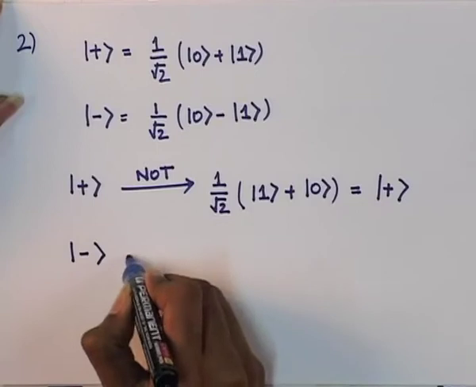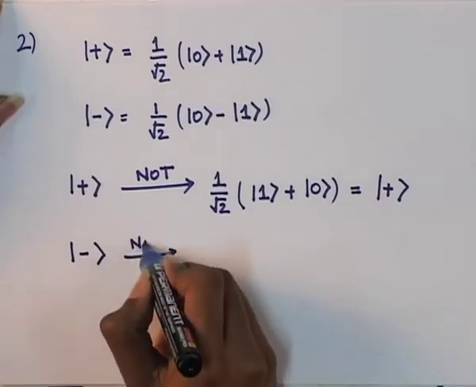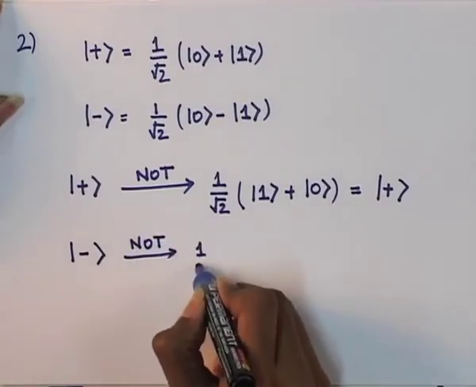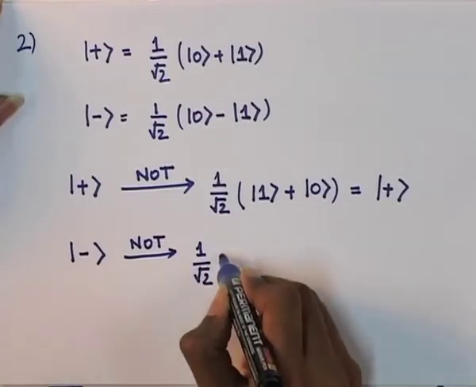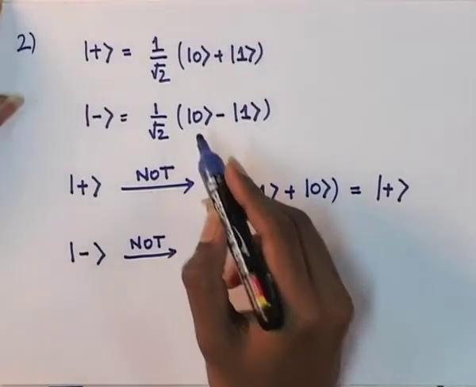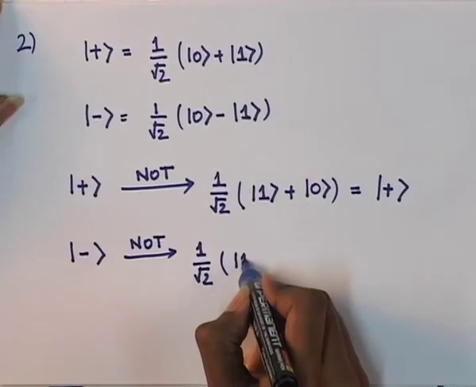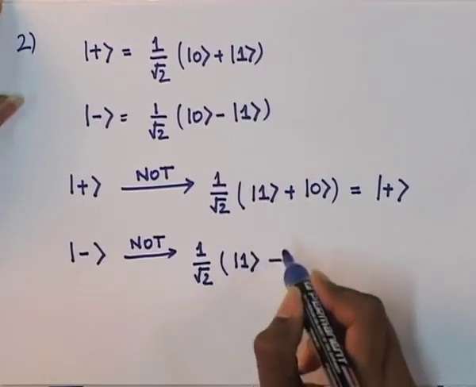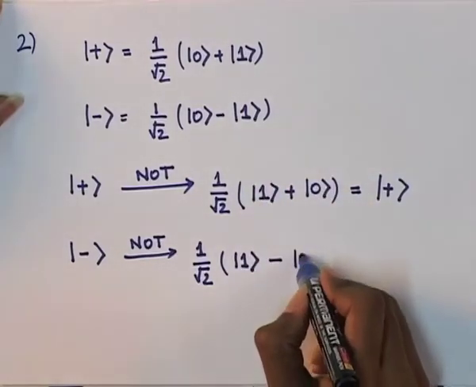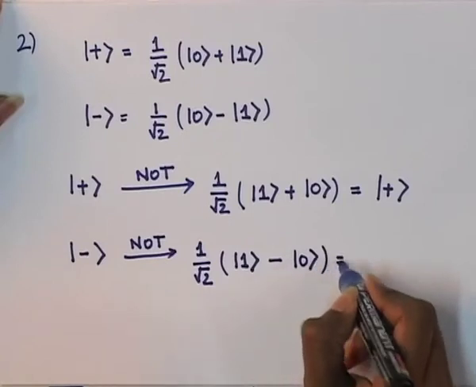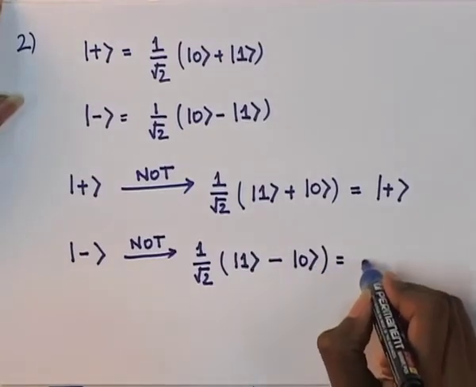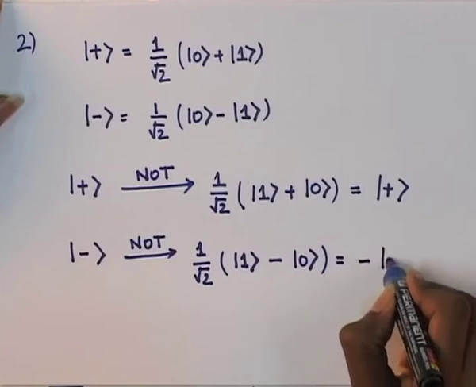And when we apply NOT gate on qubit minus, we see that qubit 0 transforms to qubit 1 and qubit 1 transforms to qubit 0, which can be seen as negative of qubit minus.